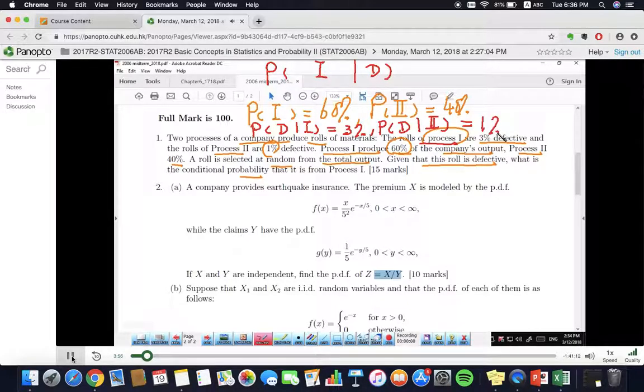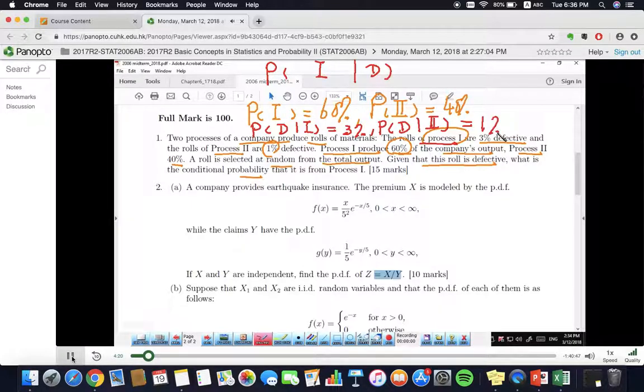How to find it is a very standard exercise. Even before the midterm, I already reminded you how to use the Bayes formula to tackle this kind of conditional probability problem. The only difference is the phrasing and the use of symbols.